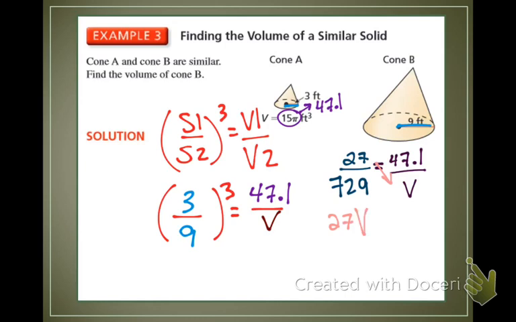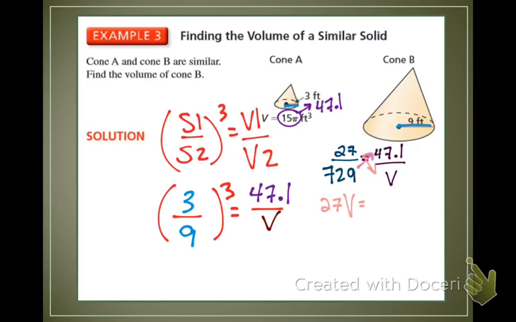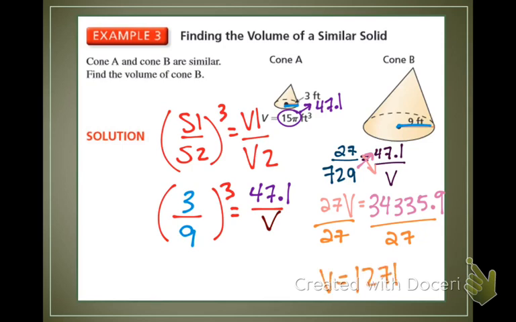So 27 times V. What is 729 times 47.1? Okay. And then divide by 27. 1271.7. And that would be feet cubed.